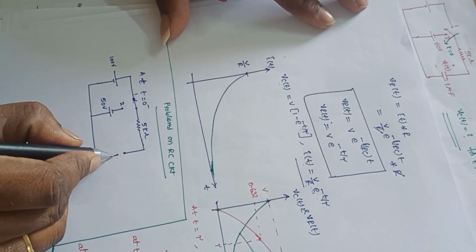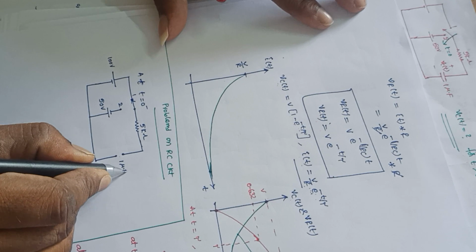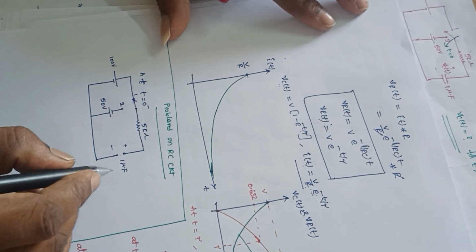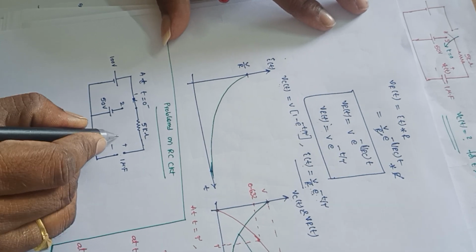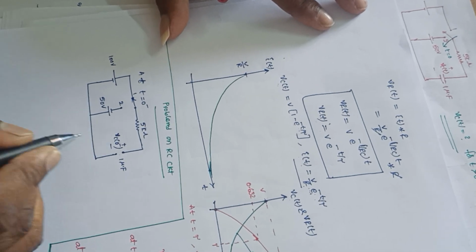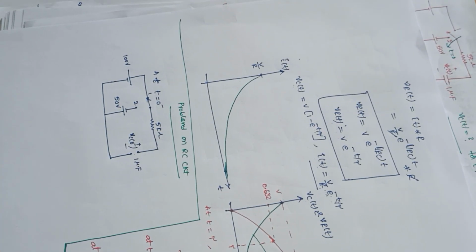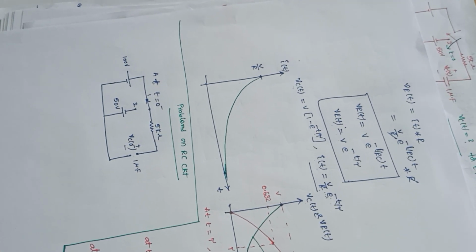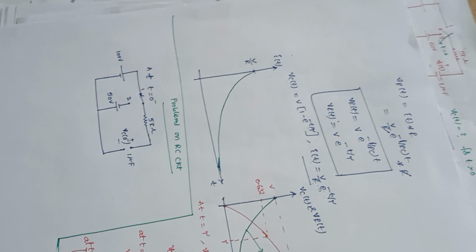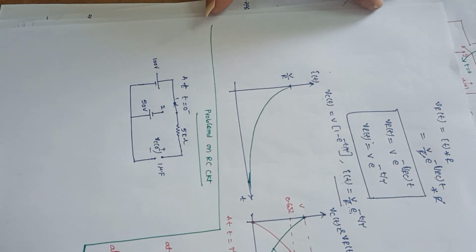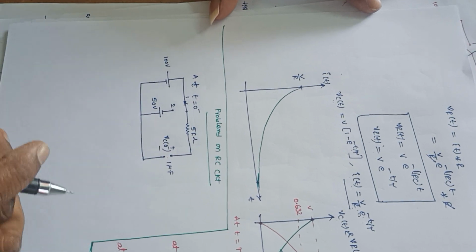Now this is the capacitance value, whose value is 1 microfarad, and this is the voltage across this capacitance, that is Vc of 0 minus. Vc of 0 minus is the voltage across the capacitance here.